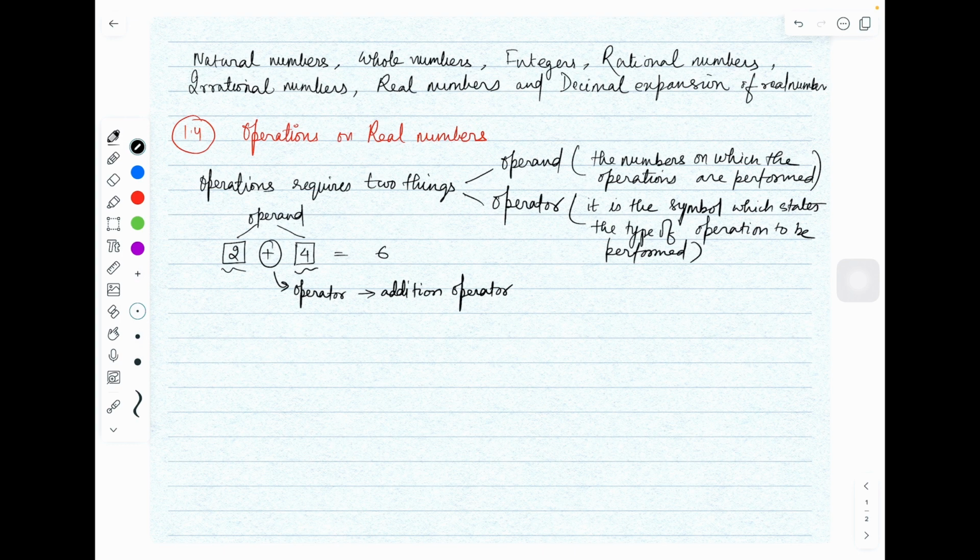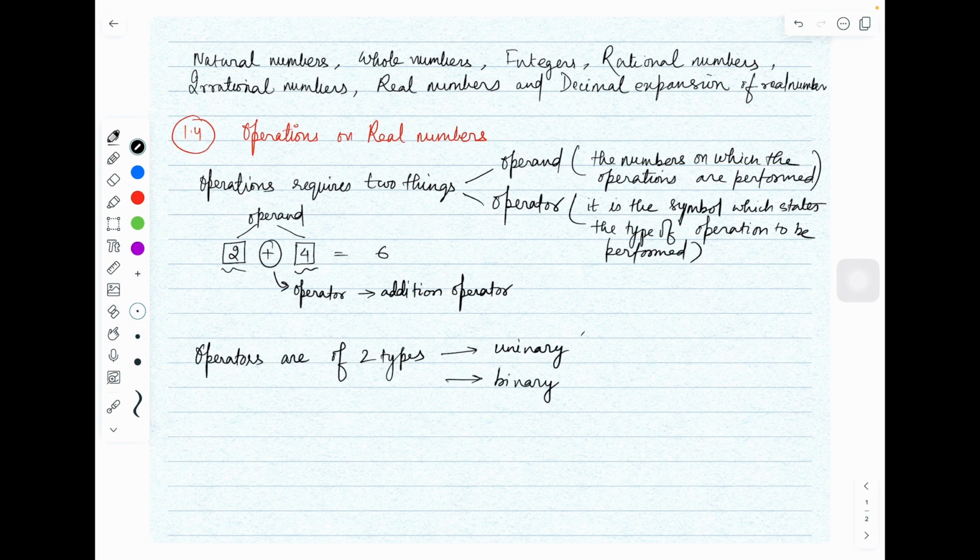Now these operators are of two types. What are these? One is unary, other is binary.